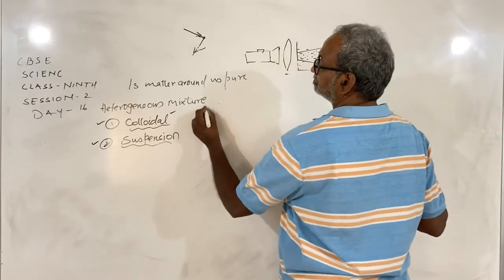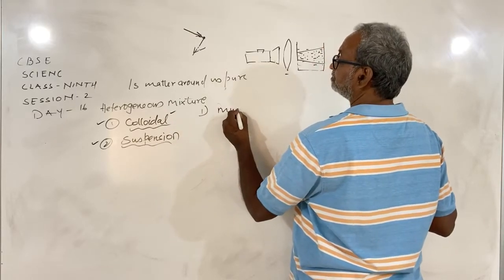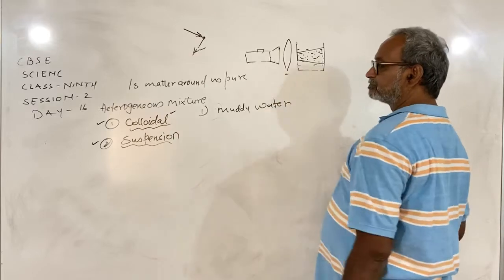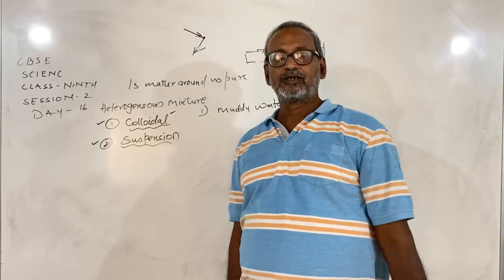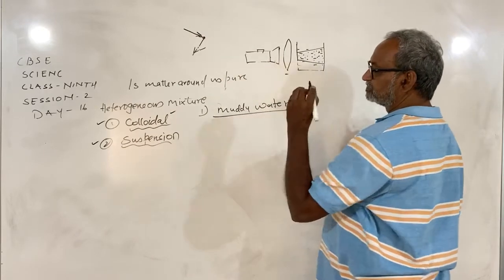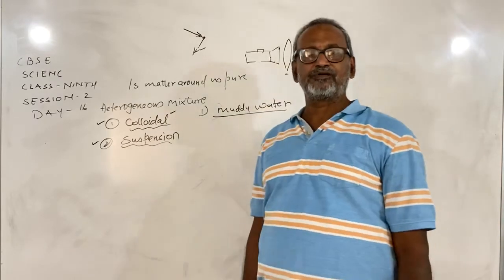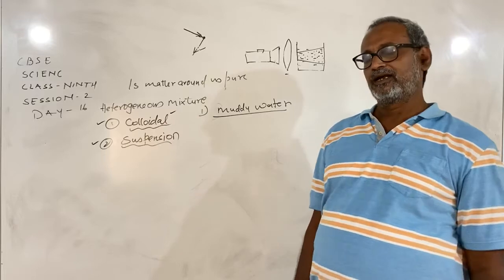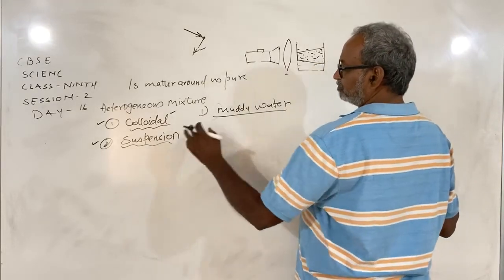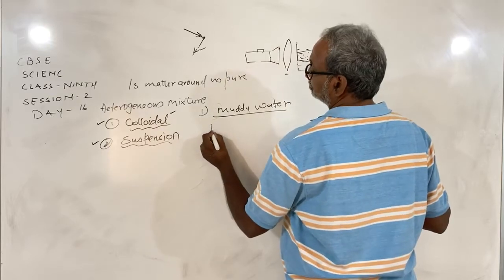Example, muddy water, this is an example of suspension. We shall discuss properties of a suspension.